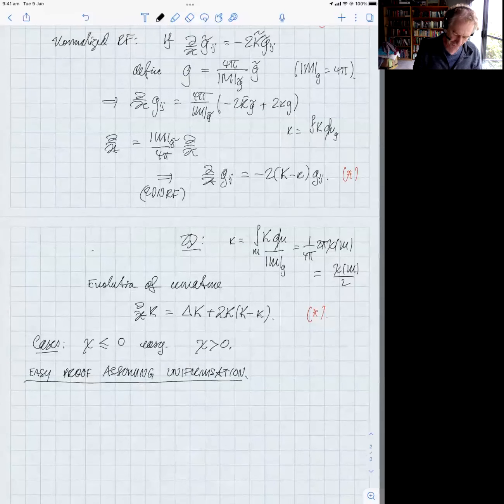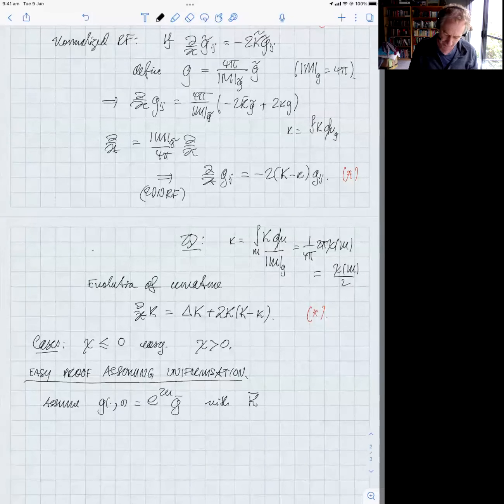In other words, we assume uniformization, which means we assume that our initial metric, g at time 0, is some factor e^{2u} times a metric g bar, which has constant curvature. So in other words, K bar, by which I mean the Gauss curvature of g bar, is identically equal to our constant kappa.